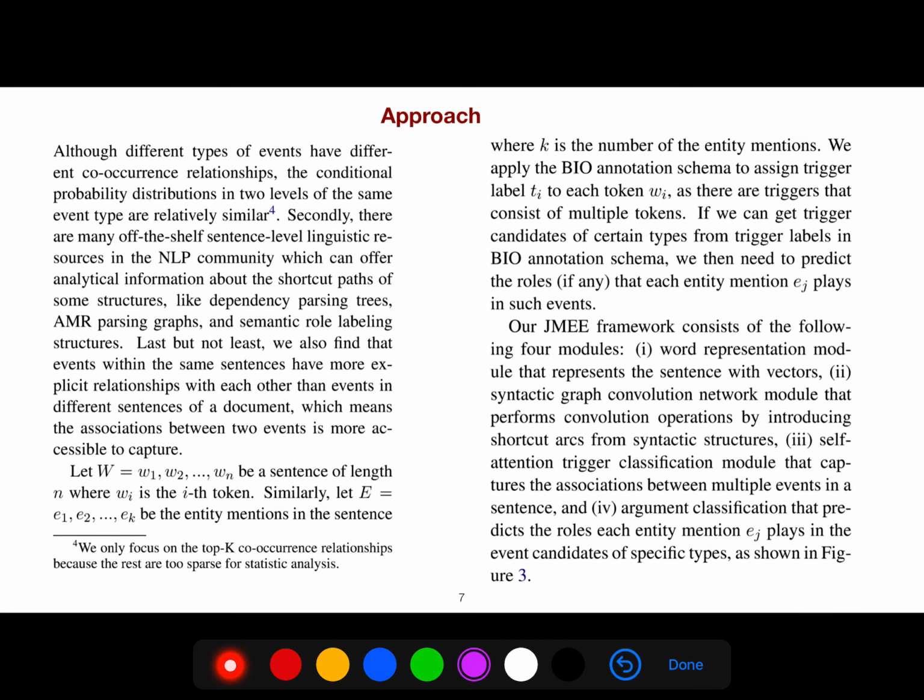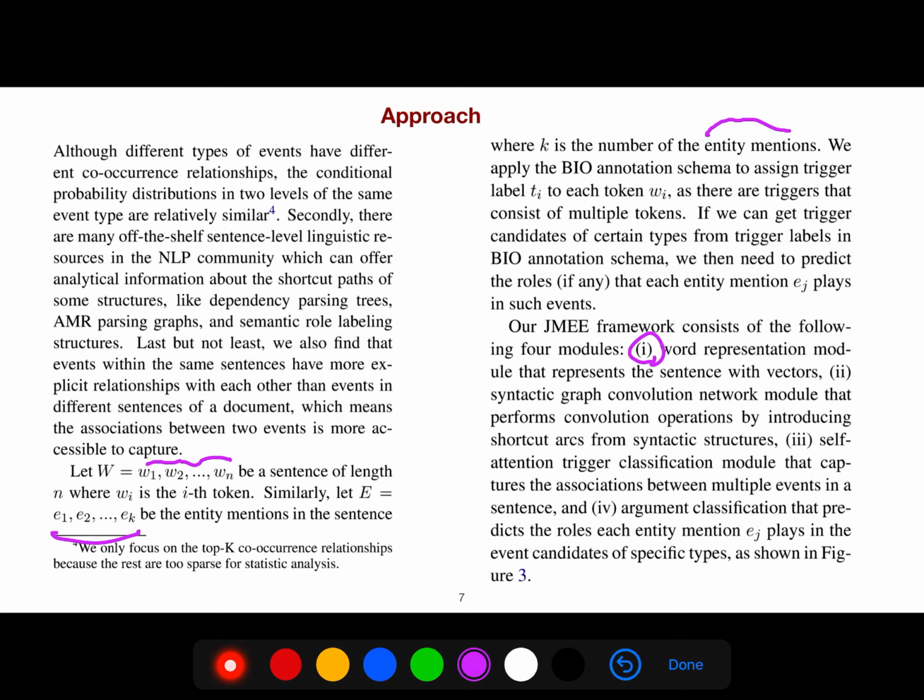W is a sentence of length n. We have n tokens, and we have k events, and k is the number of entity mentions. So we have these entity mentions, and our framework consists of the following modules.